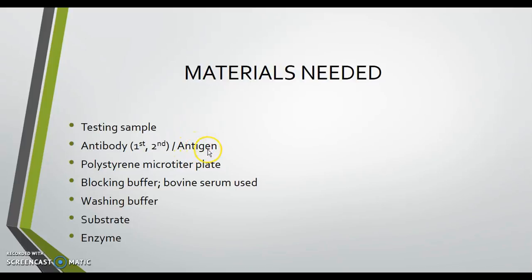And an antigen, which is produced as a result of foreign materials or bacteria and many other microorganisms infecting our body. The polystyrene microtiter plate is the ELISA plate that we use, where the reaction is carried out.